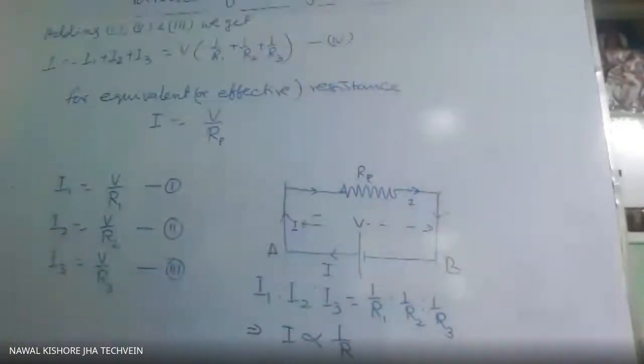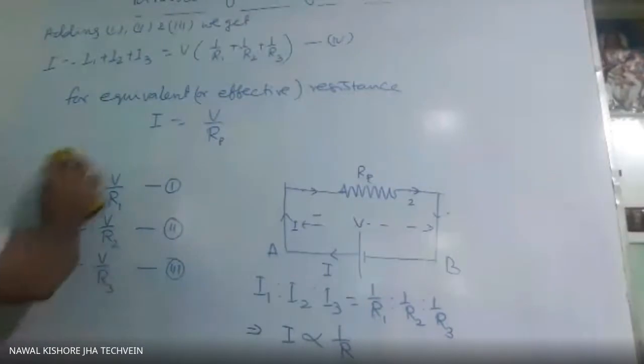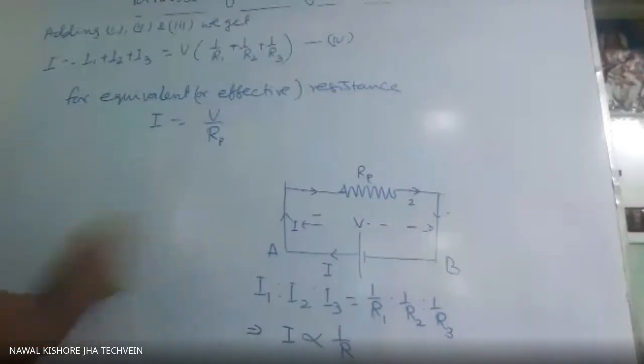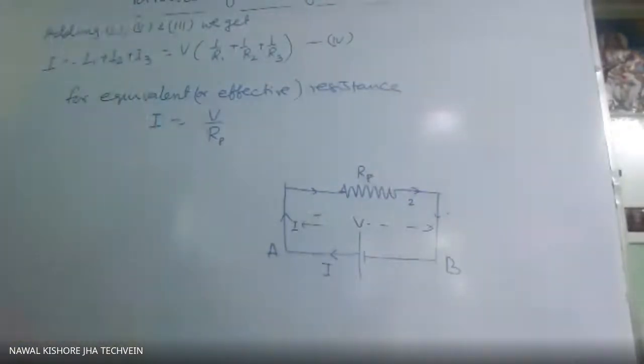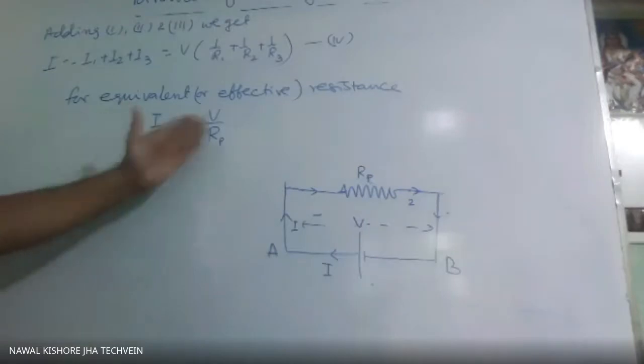If RP is the equivalent resistance, that is, by using RP we get the same current from the same source, then this must be this much.